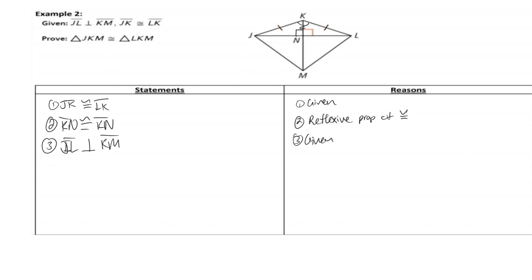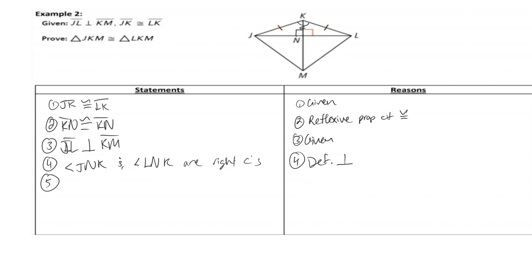That's a given. And because of that, it gives us two right angles, J and K, and angles L and K are right angles. And that's by the definition of perpendicular bisector.